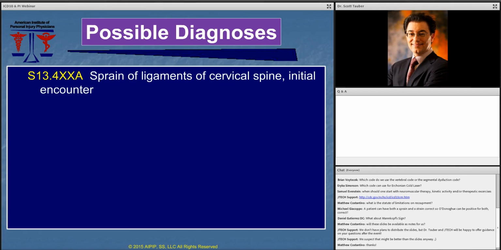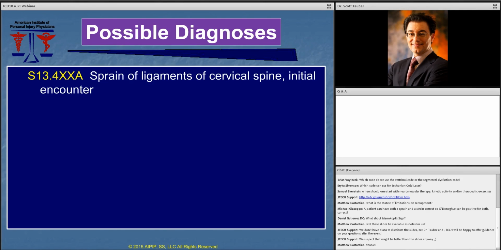The D for subsequent would be used if you've actually released the patient from their motor vehicle accident and they come back. So essentially, you just keep that A on there the entire time they're under active care. Only if you've released them, and we always have patients that do come back, would we now append a D on there.